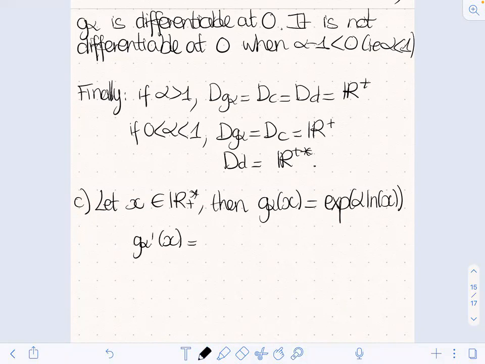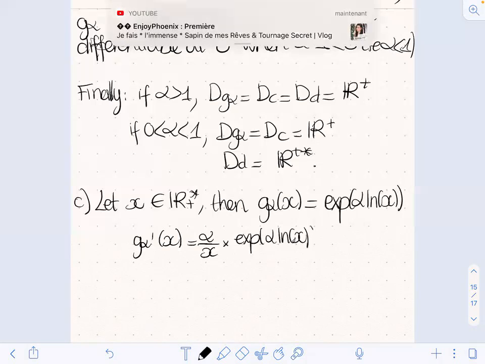So it's a g of f of x, basically. g will be the exponential, f of x will be alpha logarithm of x. And so if you derive it, you'll have f prime of x, that's alpha over x, as alpha logarithm prime is alpha over x. And then you take the derivative of g, which is the exponential, and apply it to f. So we get this function here.